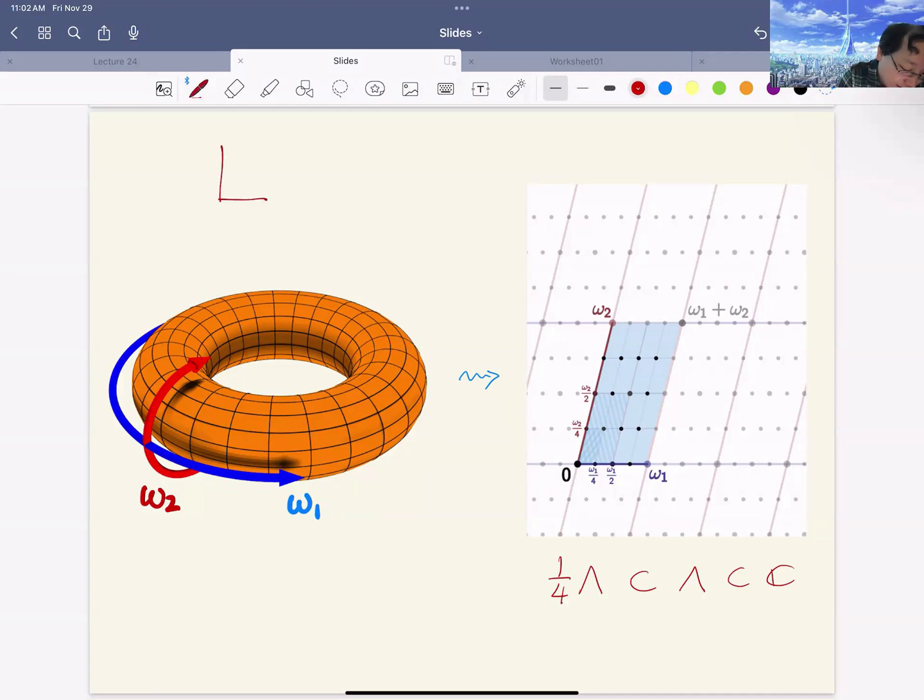In high school, usually we can present the torus as a square, and then you identify two sides of the square. So this is somehow how we visualize the torus in topology. So we basically wrap the square to get a cylinder, and then you wrap around the cylinder to get the torus.